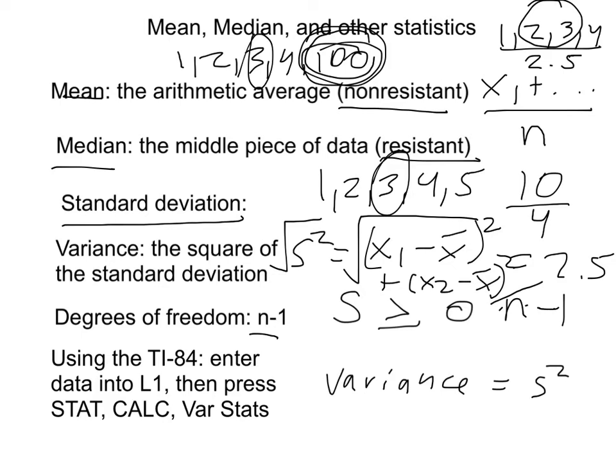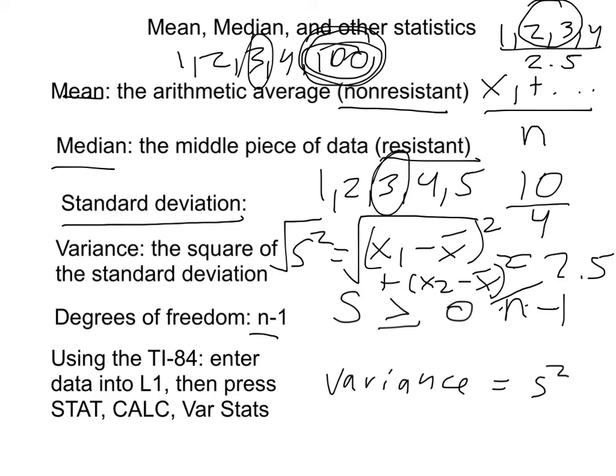And also, I'm not sure whether your teacher requires you to memorize all these different formulas or whether you just need to know what each one means. But if you want to double check your statistics, you can always use your graphing calculator.